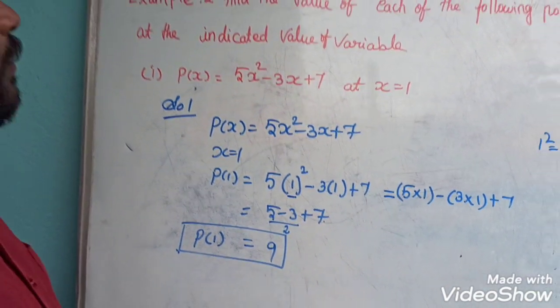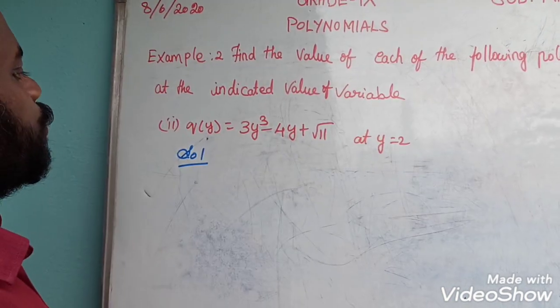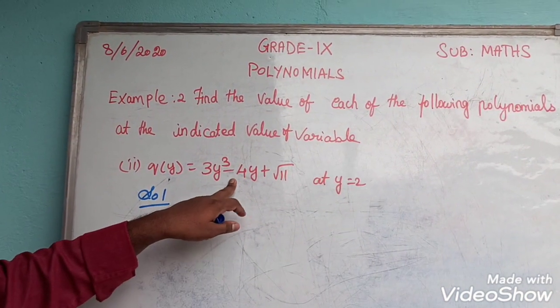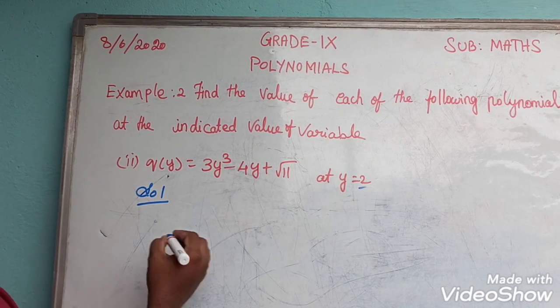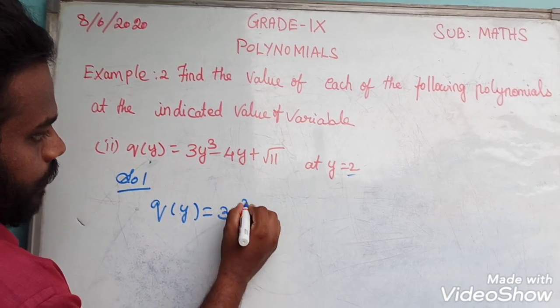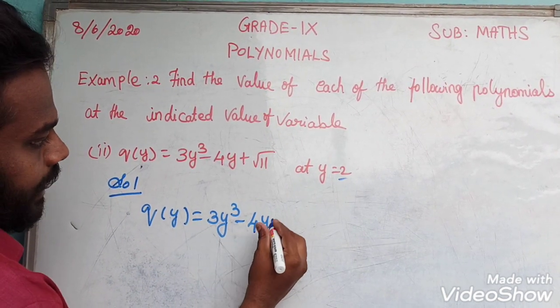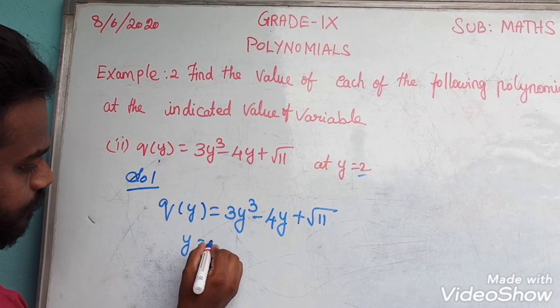So next we move on to question number 2. Okay, now the second question, q of y equal to 3y cube minus 4y plus root 11. Instead of y we have to substitute 2. So q of y equals 3y cube minus 4y plus root 11, and we take y equal to 2.